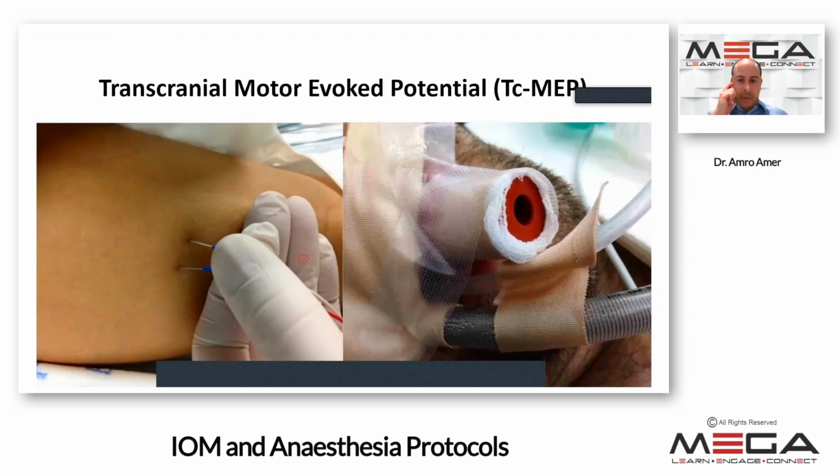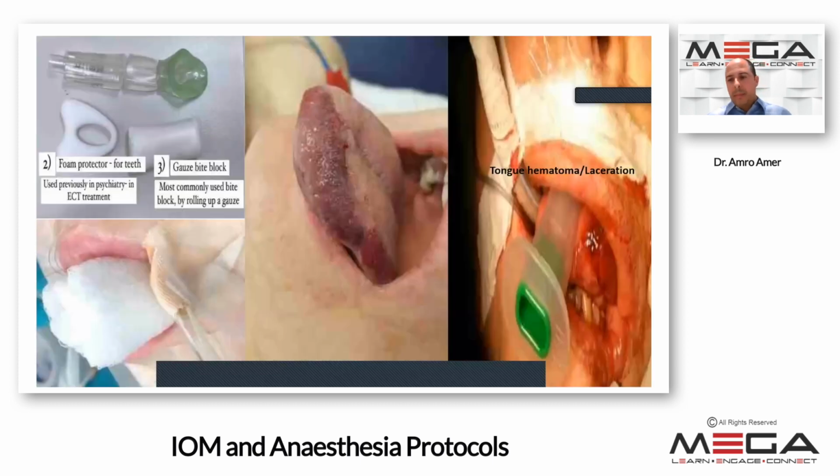So to prevent that, we use a bite block. On the left, that's one of the needles we use to record if we do any transfer. As you can see here, hematoma and laceration of the tongue. Sometimes we see complete cut of the tongue. We've seen a lot of bad cases. There is different types of bite blocks. You can use a simple gauze, eye gel, or a manufacturer-made one.